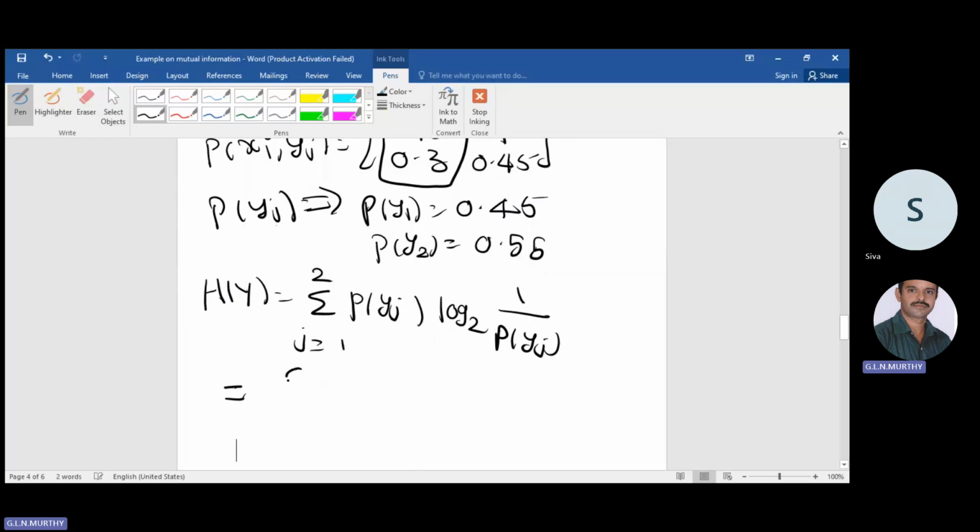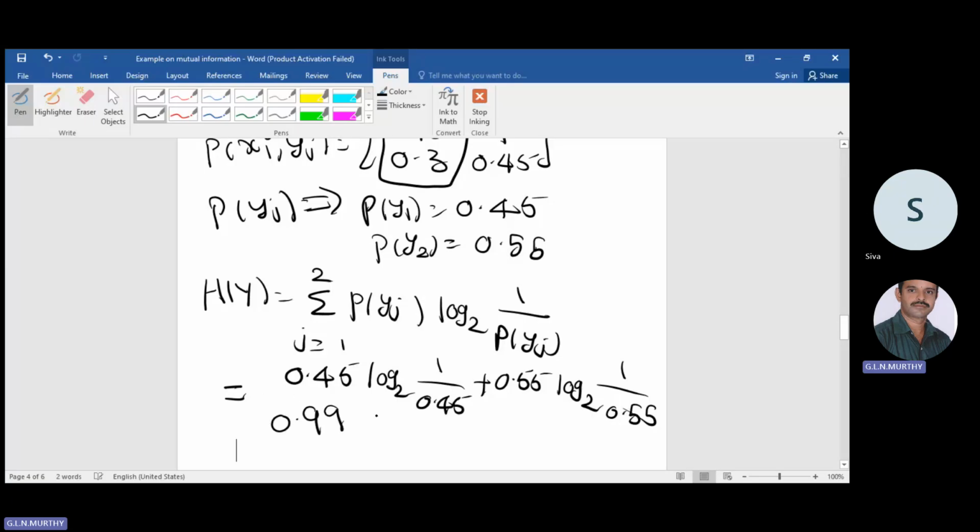Correspondingly, we substitute the values: 0.45 log base 2 1 by 0.45 plus 0.55 log base 2 1 by 0.55. So the entropy H of y, if you estimate properly, equals 0.9925 bits per symbol.